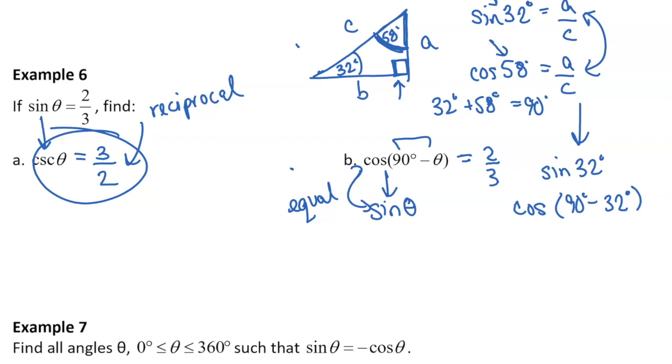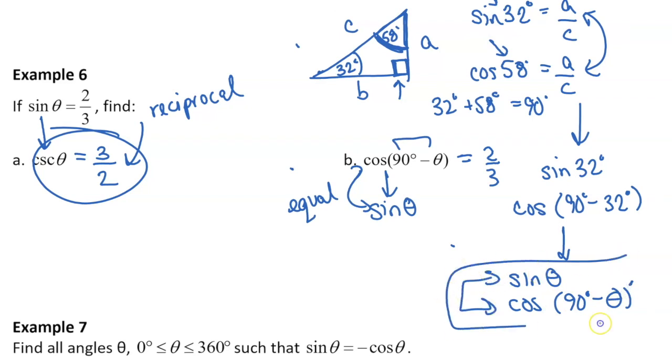And now if you get a little bit more general, instead of saying 32, that means that sine theta is going to be equal to cosine of 90 minus theta. And that is a new rule that we can now apply there. Okay, a little bit tricky.